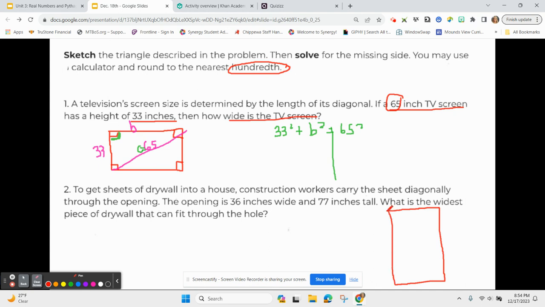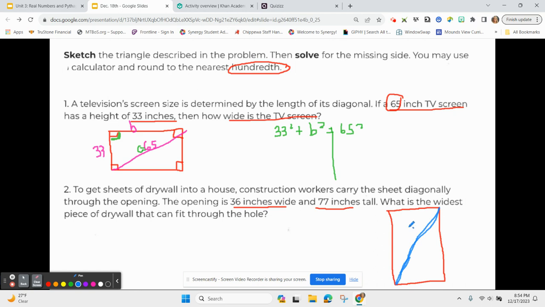let's go through and label what we know. We know that the opening is 36 inches wide and 77 inches tall. So we've got to carry that sheet of drywall, which is a large rectangle sheet, into that opening, which is going to be diagonal. So my diagonal, we have no idea the maximum length here that we can use.